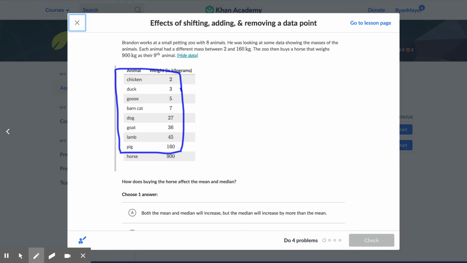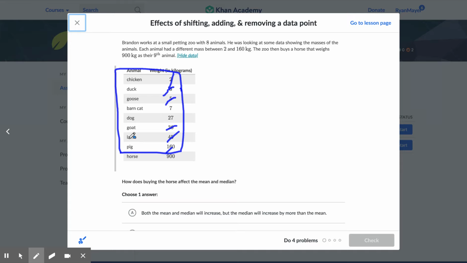You can see everything is between 2 and 160, as it said in the beginning. So if I'm looking at the median, I would cross this one out, cross this one out, cross this one out, cross this one out, going back and forth between the two. So my median is going to be 27 and 7.